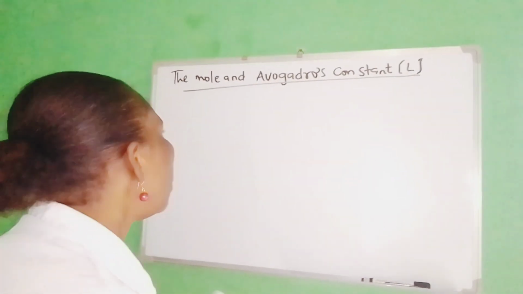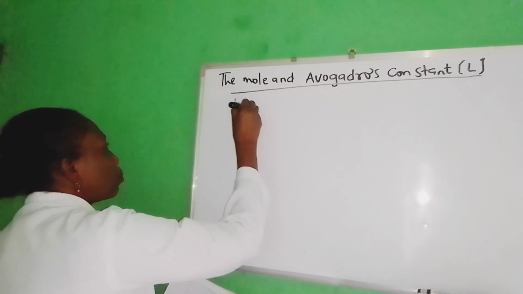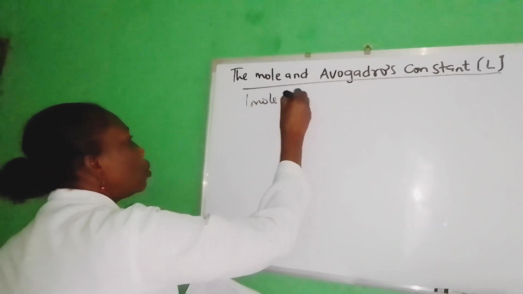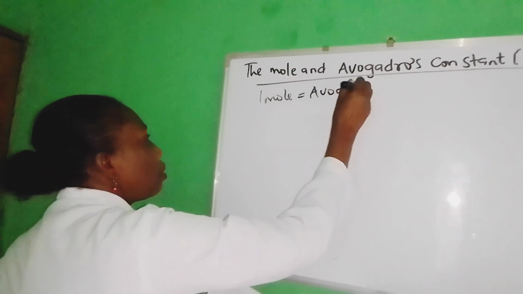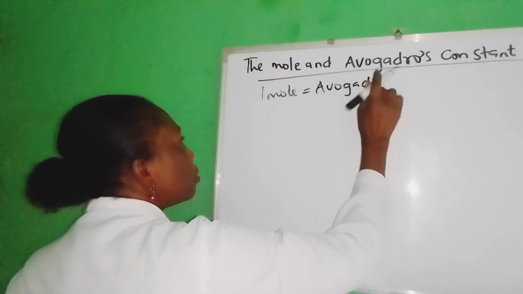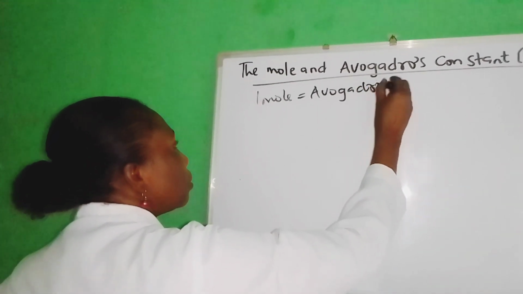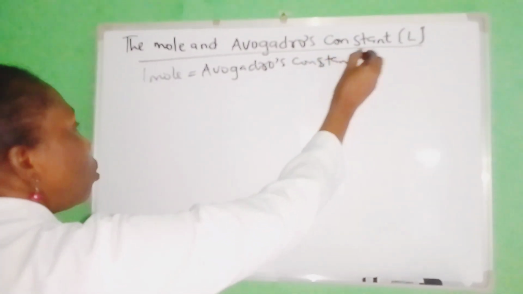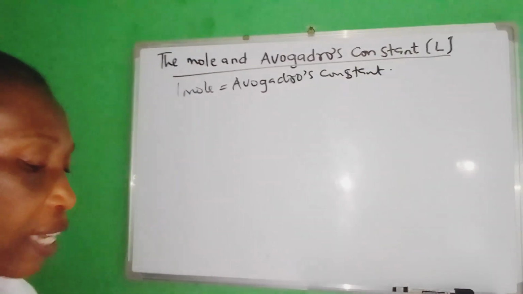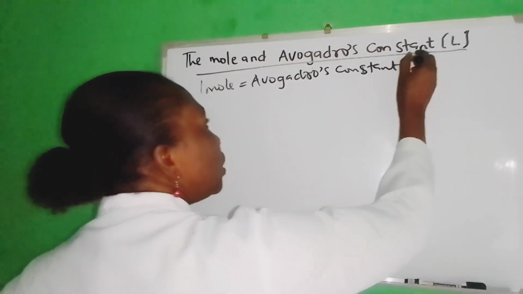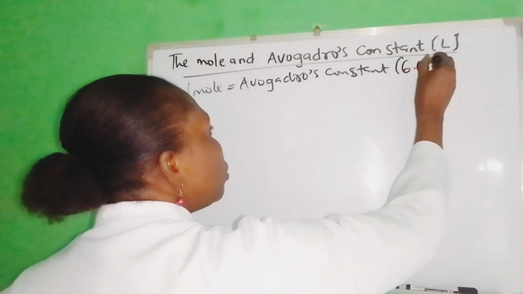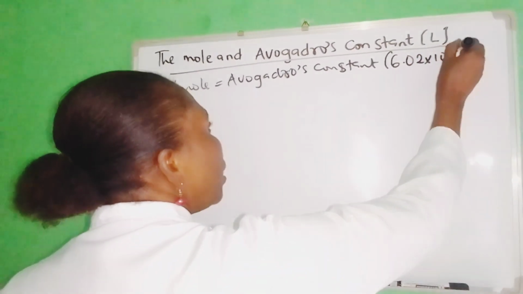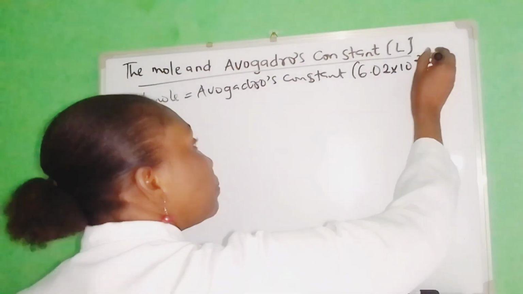So the mole, or 1 mole, is equivalent to Avogadro's constant, which is 6.02 times 10 raised to the power 23 particles.